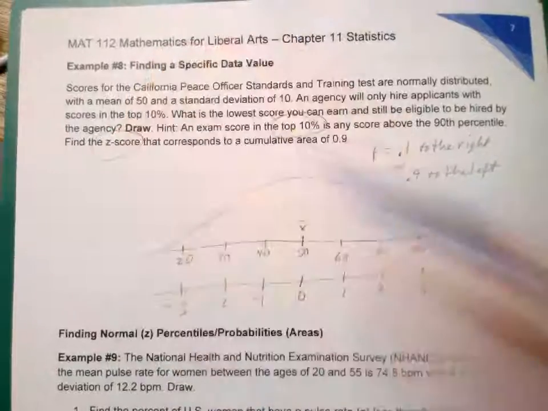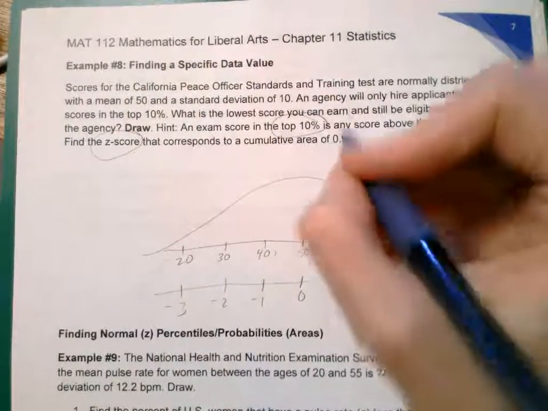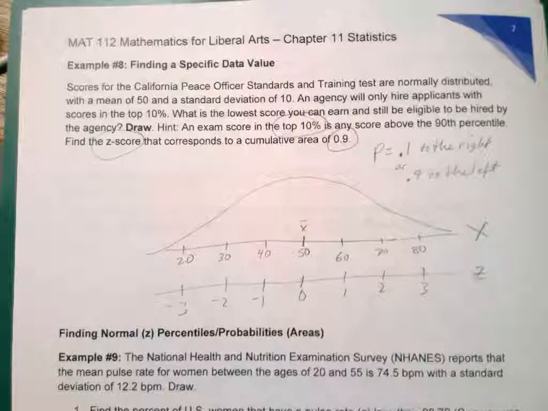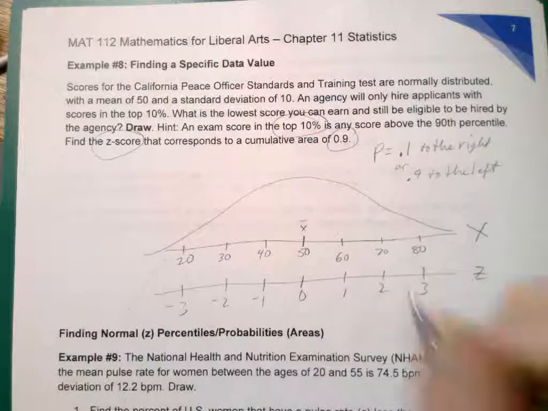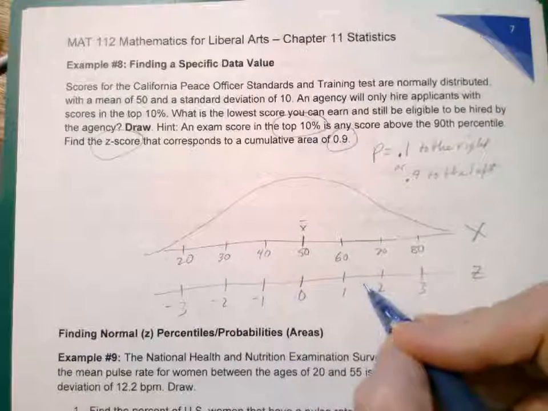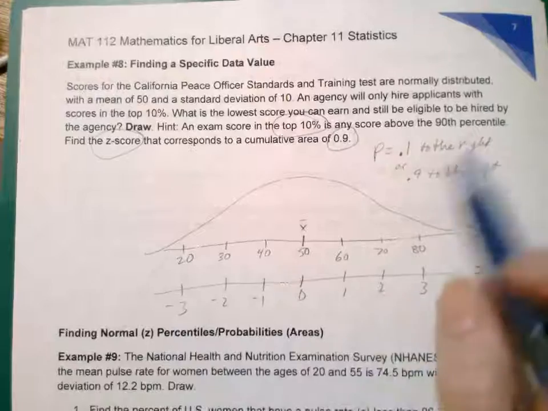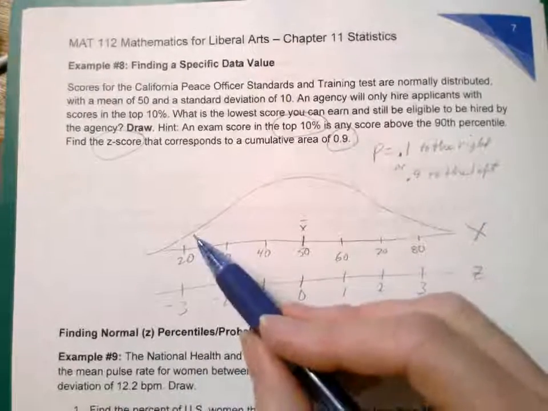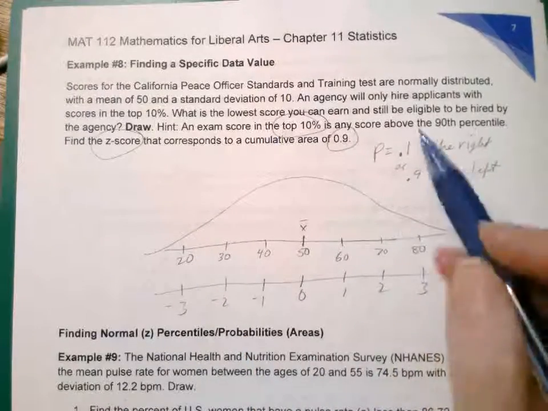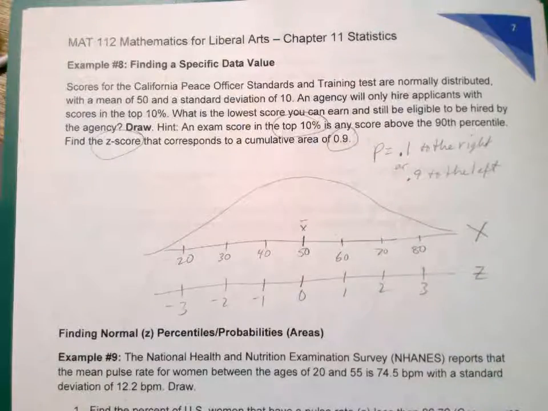I need to look up the z-scores that have a cumulative area of 0.9, and that'll at least show me where to get the z-score to get the other score. So if it's got 0.9 to the left or 0.1 to the right, it has to be a positive z-score.